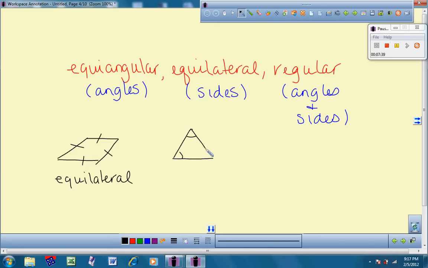Alright, our next polygon, we see that all three angles have the same measurement, and all three sides have the same side length. We would consider this to be a regular polygon.